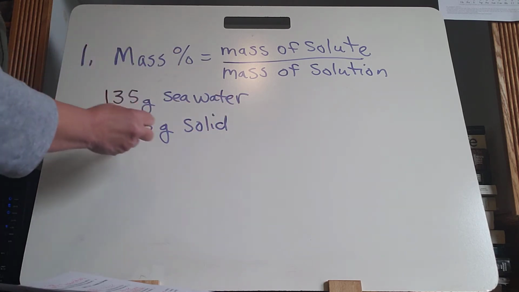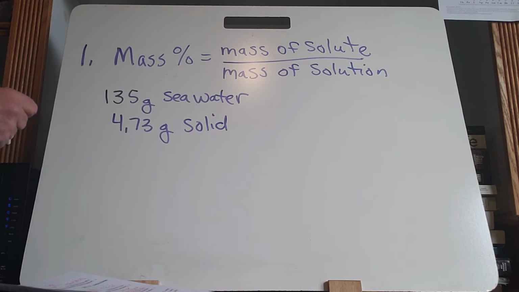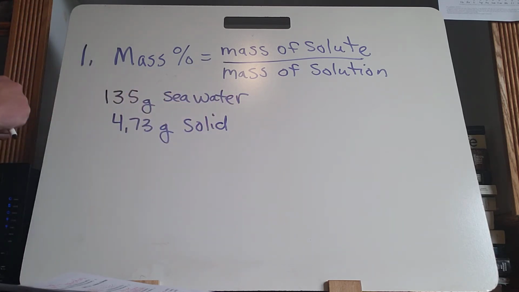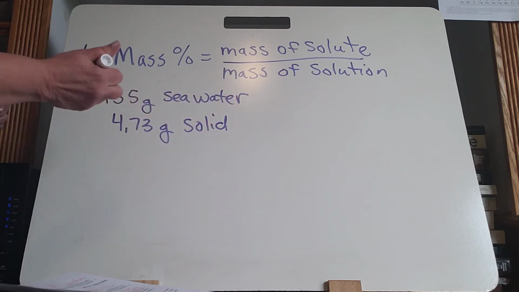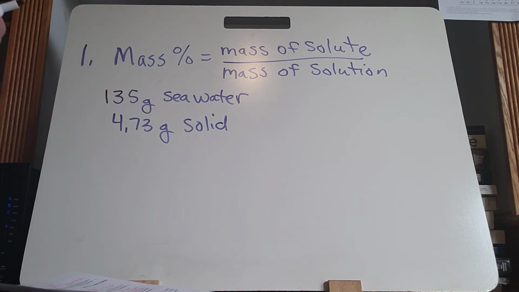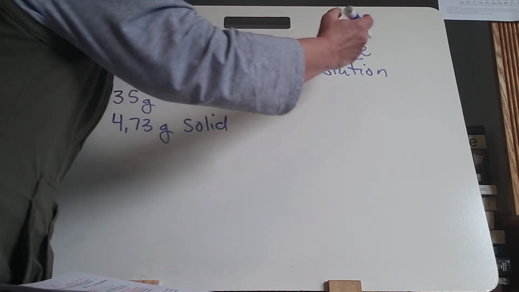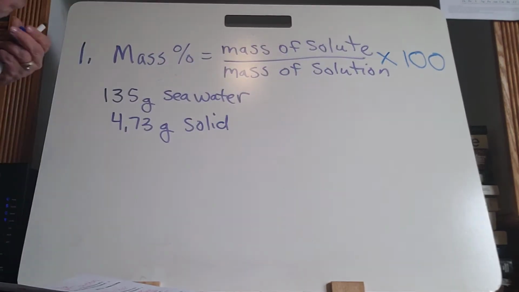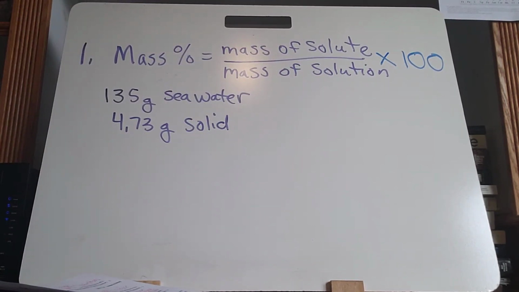So my solid here, or minerals, would be my solute. The water would be my solvent. And my solution is the seawater. So to do this, and I did forget to put on here my formula, it should say times 100. You guys know that from math class whenever you do a percentage problem.